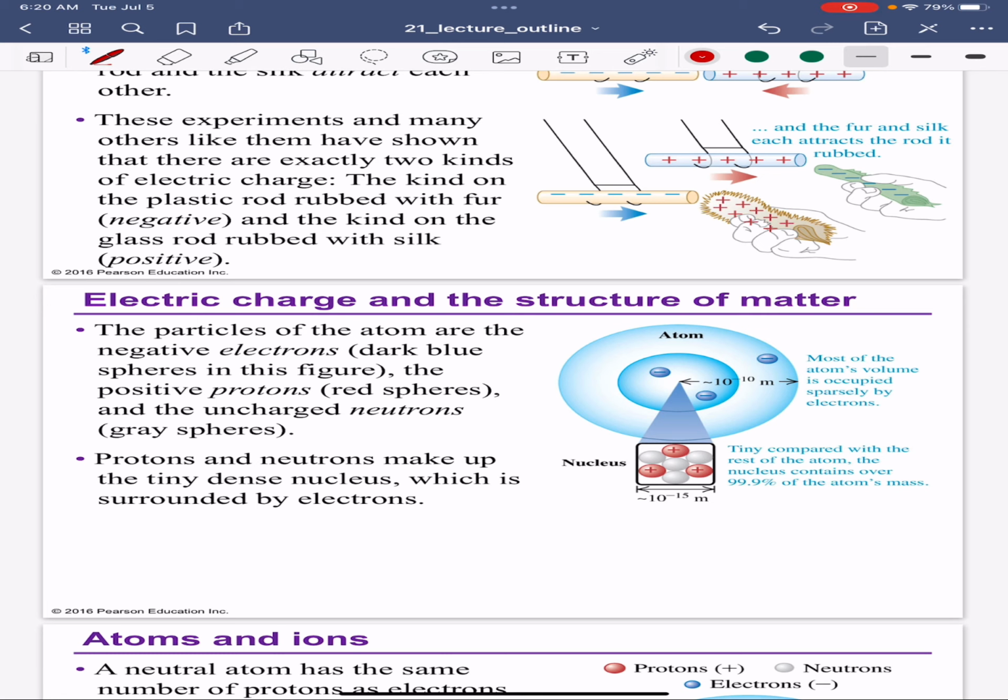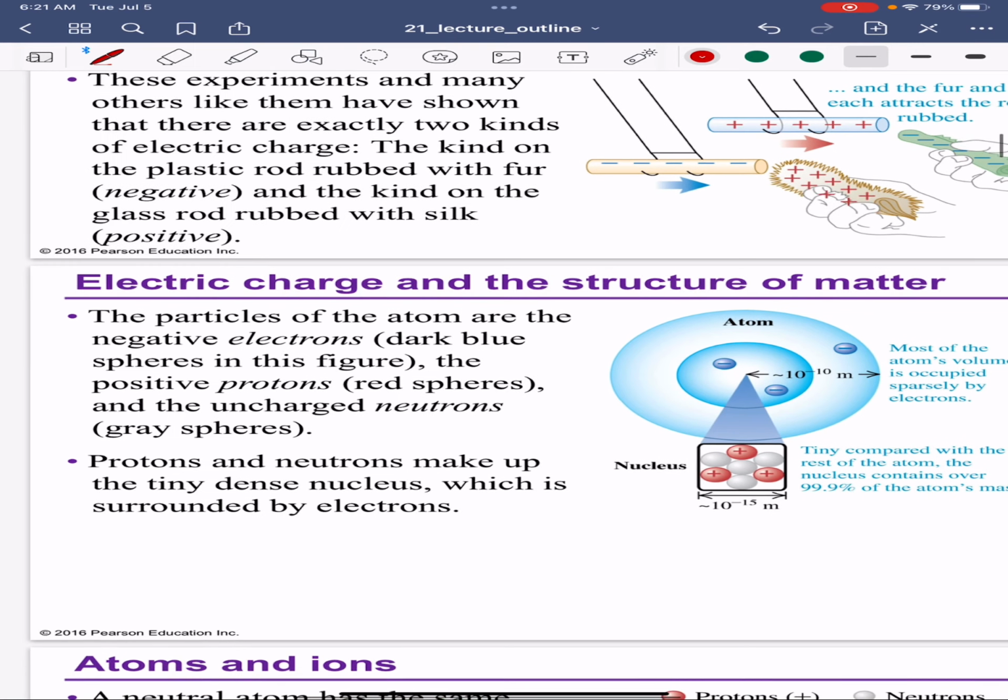Most of you are familiar with the structure of the atom, where we have the nucleus, and inside the nucleus we have the nucleons, which are protons and neutrons. These are the heavier parts of the atom.